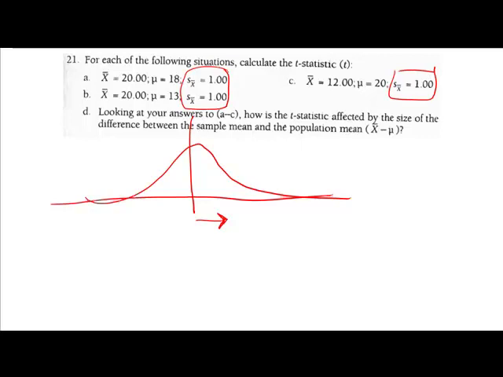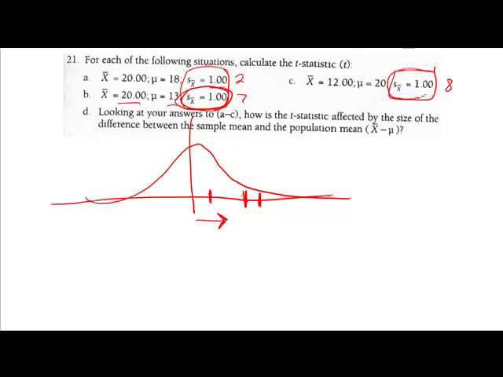So the difference between A, which is 2, the difference between B, which is 7, and the difference between C, which is 8, our t-score is going to get bigger because we're now 2 units away, 7 units away, 8 units away. This clue here of the standard error being 1: the greater the difference between the sample mean and the population mean, the greater the absolute value of this t-statistic.